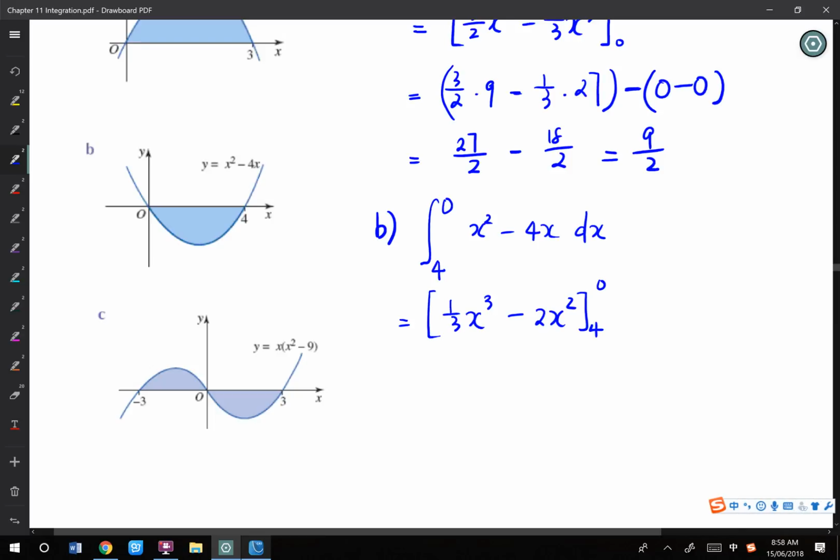Careful with the order. You always sub the top one first, and then you sub the bottom one, and you subtract. So you sub the 0 in, that just gives you 0. And minus, you sub 4 in. 4 times 4 is 16, 16 times 4 is 64. Minus 16 times 2 is 32.